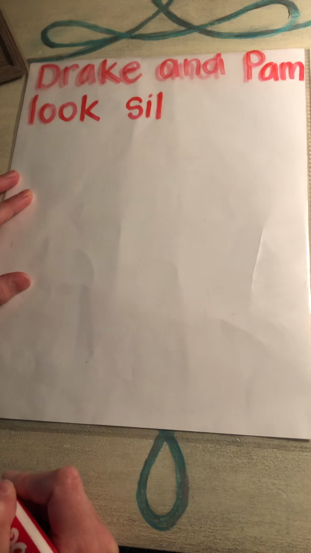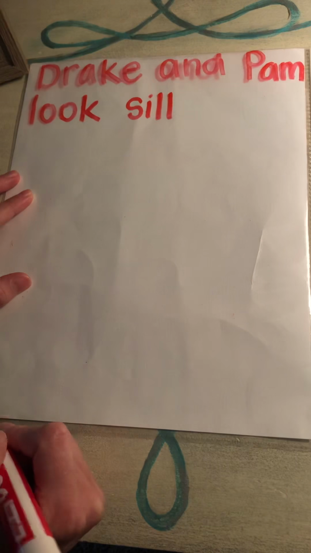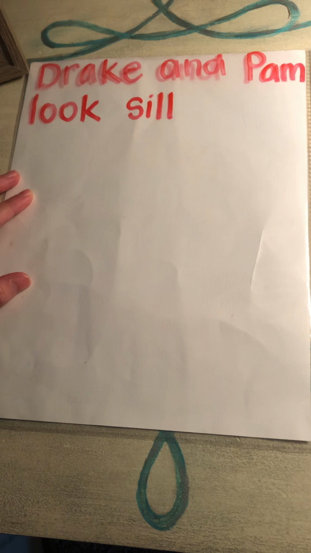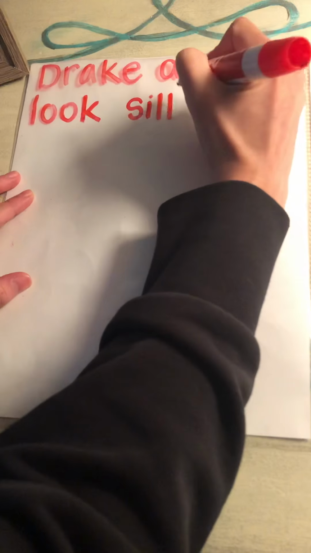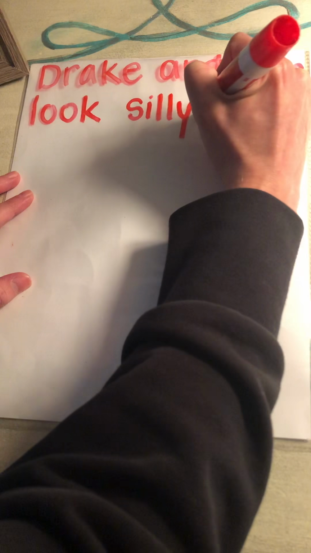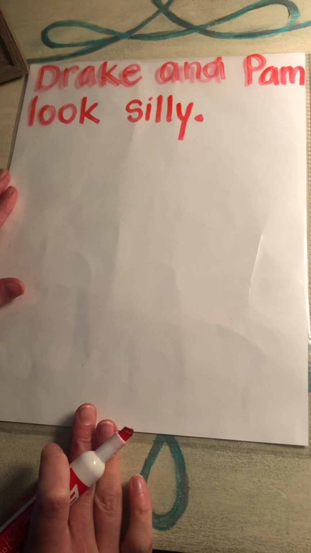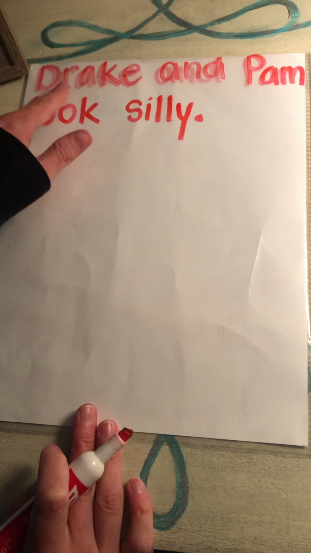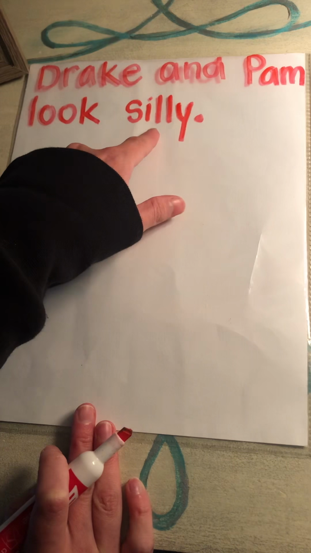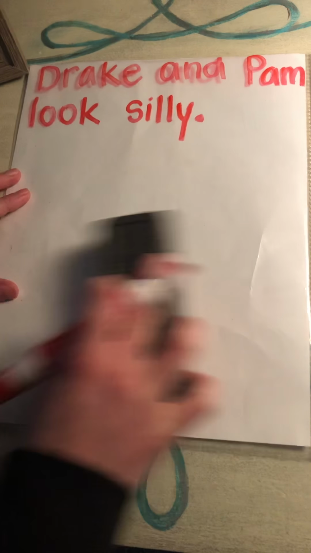And the second syllable is lee. And then remember that E sound at the end of a 2-syllable word is spelled with a Y. And I need a period at the end to make my sentence complete. Drake and Pam look silly. All right, you can erase your sentence.